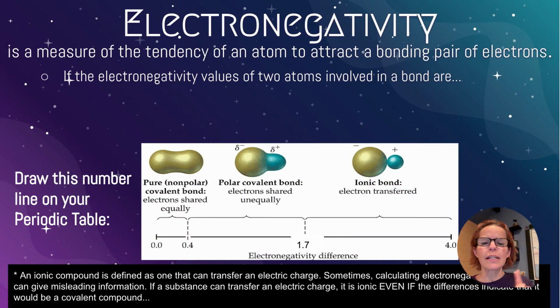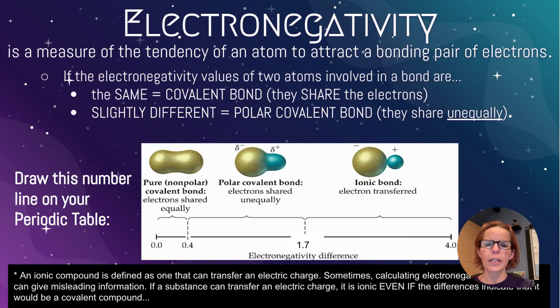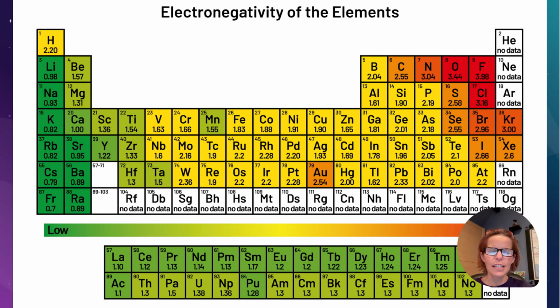All right, so it says if the electronegativity values between two atoms involved in a bond are the same, then what we have is a covalent bond. So let's say you have a bond between two hydrogen atoms. I'm going to switch screens for just a second. This is the table of electronegativities, and you can see that hydrogen has a 2.2.